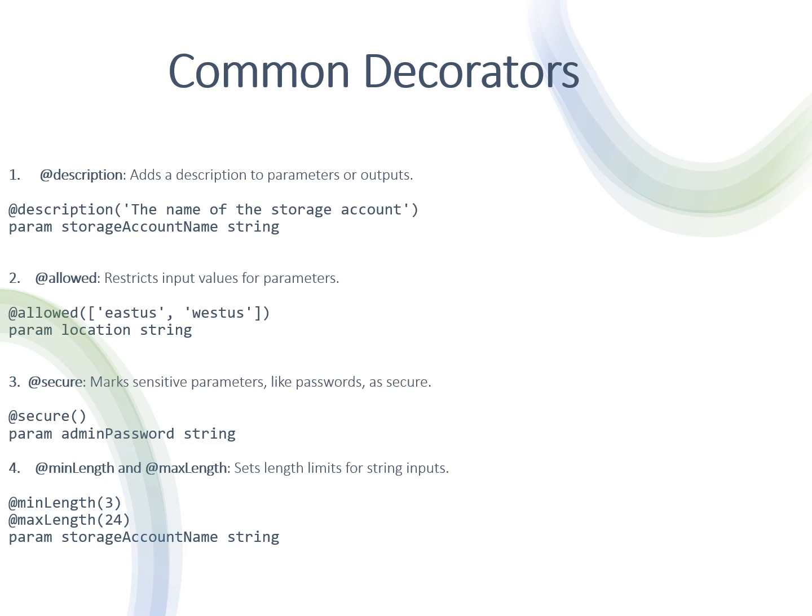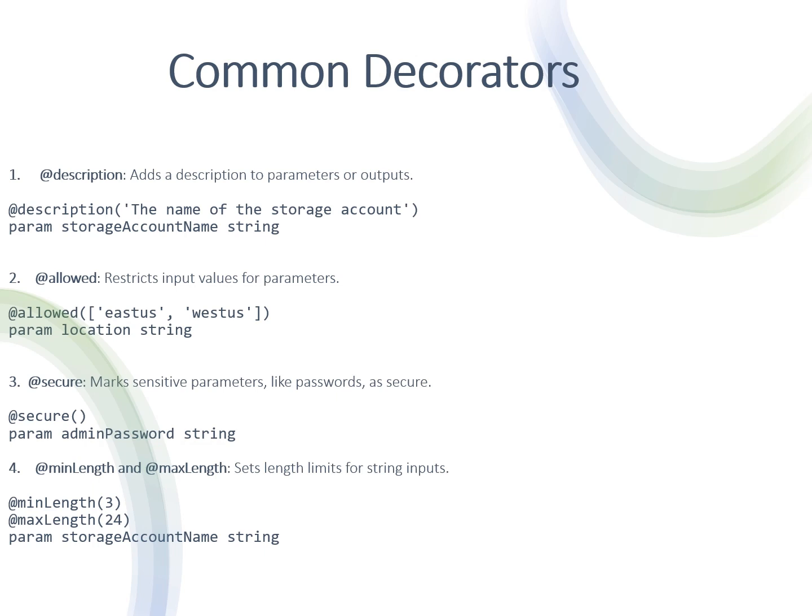We also have the secure decorator that marks sensitive parameters like password as secure. This means that this will not be shown in our log. So if the values are not revealed, they remain secure. We also have the minimum length and the maximum length, which set length limits for string input.